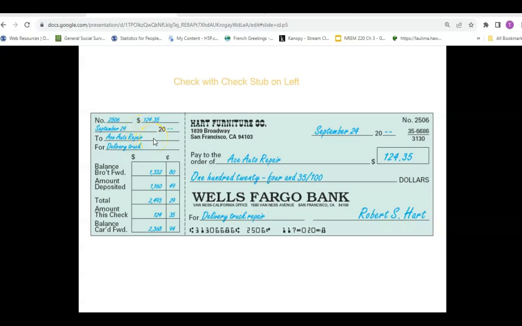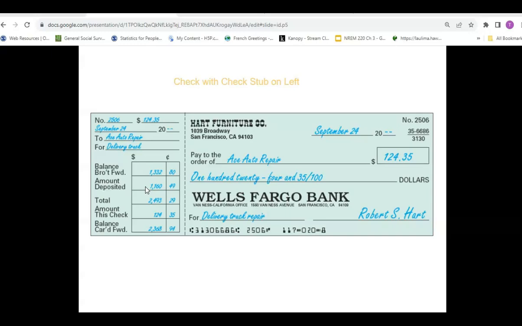It shows who that check was written to, also what it was for. Okay, here we have the balance forward. So the balance forward is the amount in the checking account before we wrote this check. So in this case, it was $1,332.80.